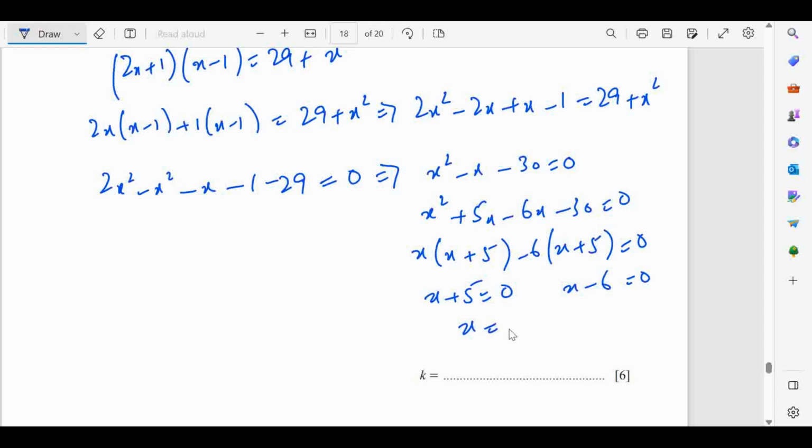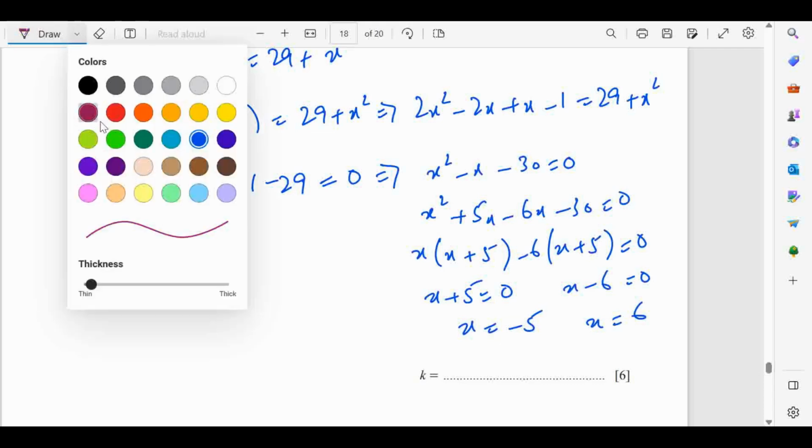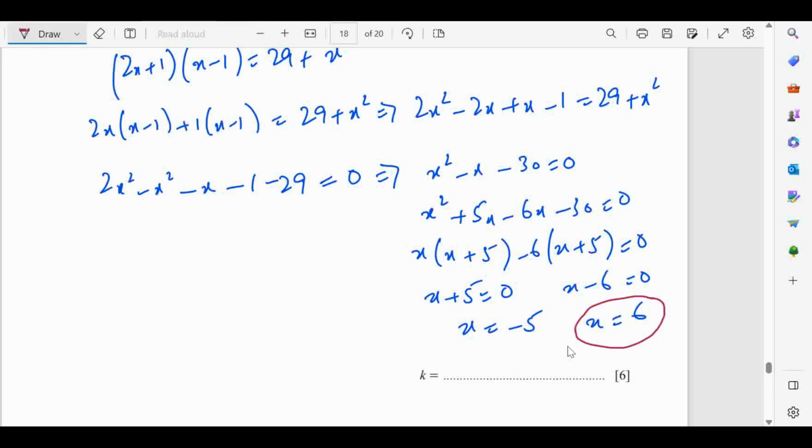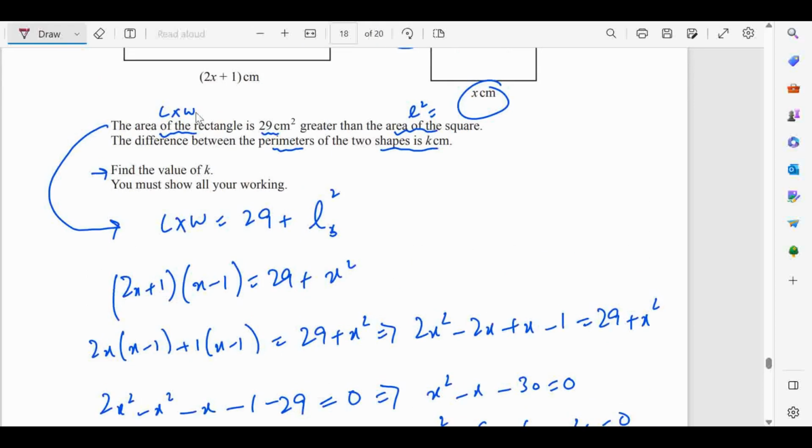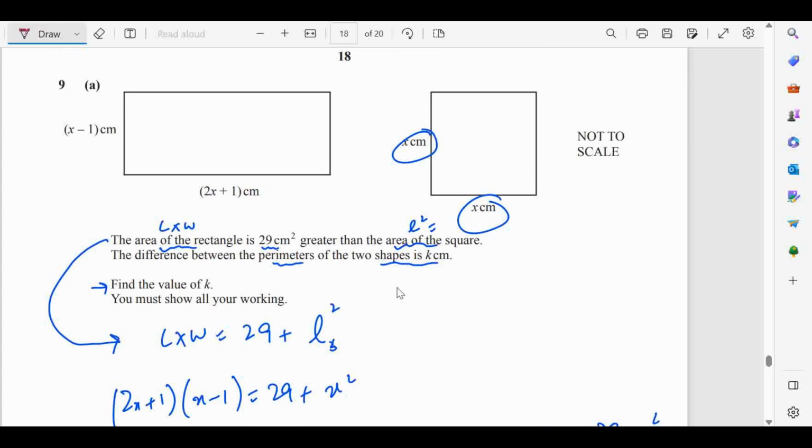So from here we will have two values of x. x is equal to minus 5 and x equal to plus 6. But we will consider this one. We will not consider the negative one because the length cannot be negative. Now the difference between the perimeters of the two shapes is k. What does it mean?